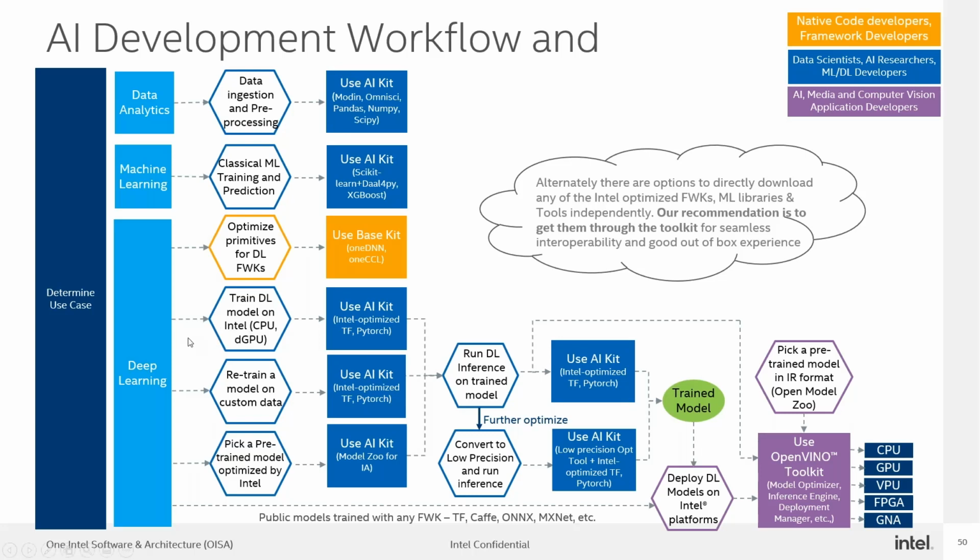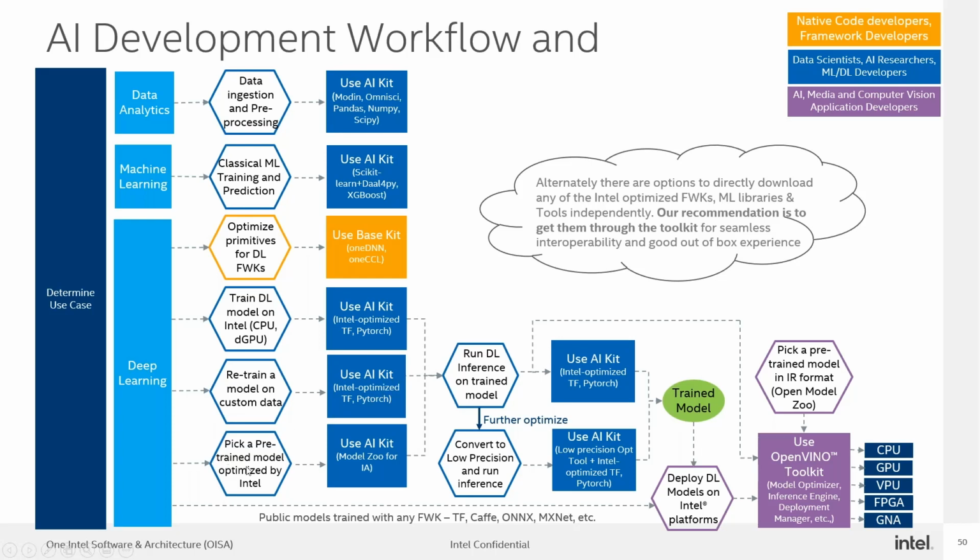If you would like to do training with your model, then you can use the Intel optimization for TensorFlow and the Intel optimization for PyTorch in the AI kit. It's the same for fine-tuning. If you want to retrain or fine-tune a model with customized data, you can also choose TensorFlow and PyTorch in the AI kit.